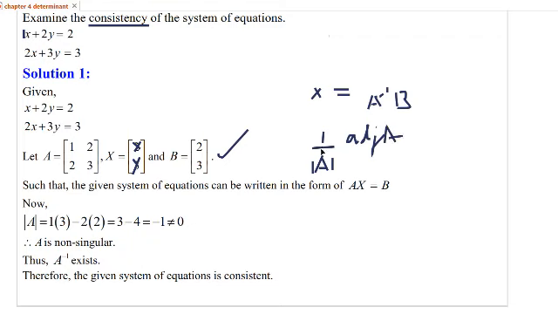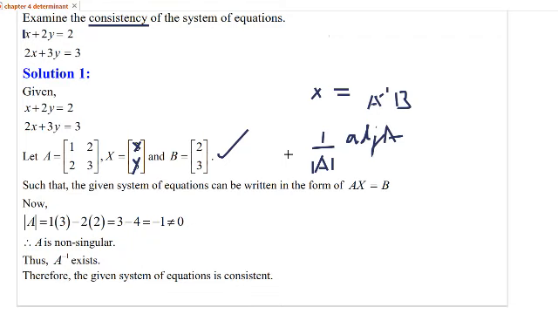If determinant A is 0, that is, the matrix is singular, then we can't find A inverse, and this will create problems. If determinant A is not 0, then finding A inverse is possible, and then finding the value of X is also possible.